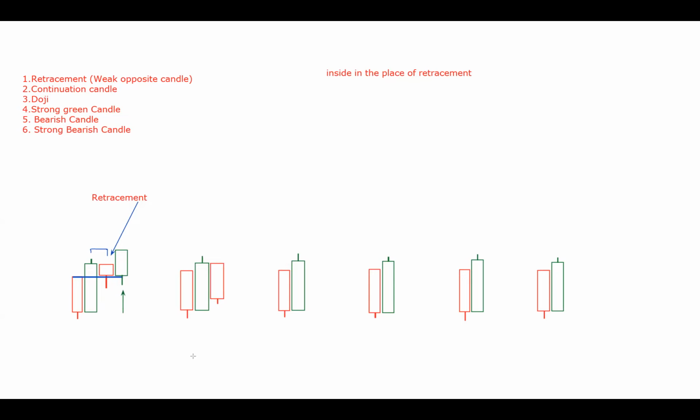It's a pattern. If a new pattern appears, we will forget the first pattern. Now this pattern will be eliminated.